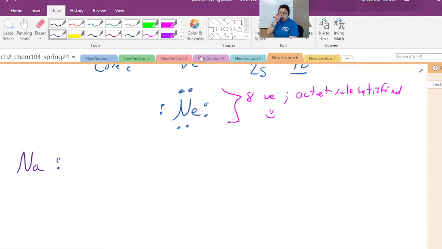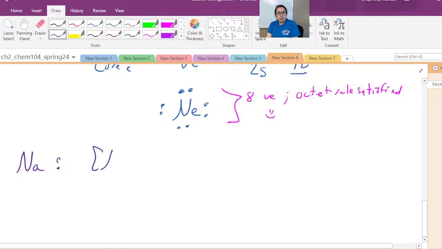So what do we get for our electron configuration? You can give me the full shebang if you want to, but otherwise I'm looking for the abbreviated. So like neon and then 3s1. Yep, that's our abbreviated.